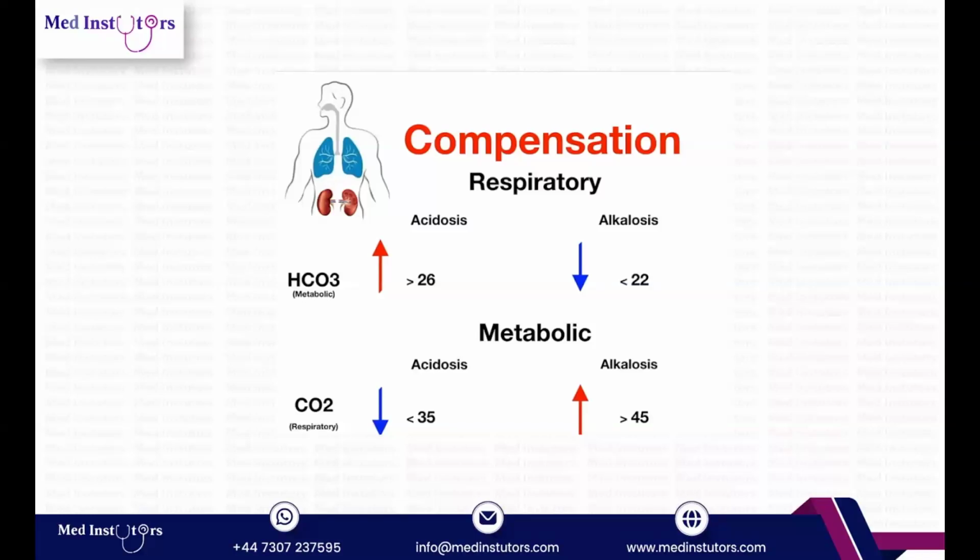They shouldn't fall in the normal ranges. If they are in the normal range, then there is no compensation going on. So the bicarbonate ions or carbon dioxide need to come out of their comfort zone if they want to provide extra help to the other organ.